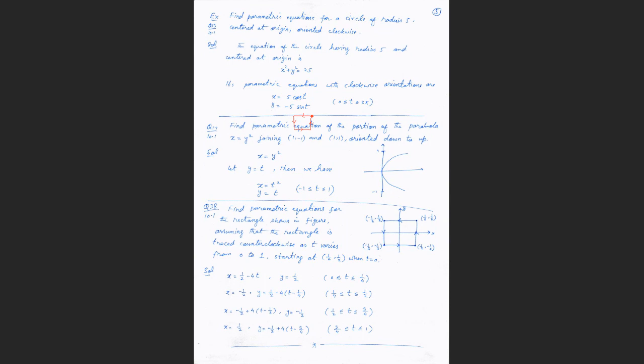The given data is t is less than or equal to 1 and greater than or equal to 0. Now I want to ask you how many parts or sides the rectangle has.